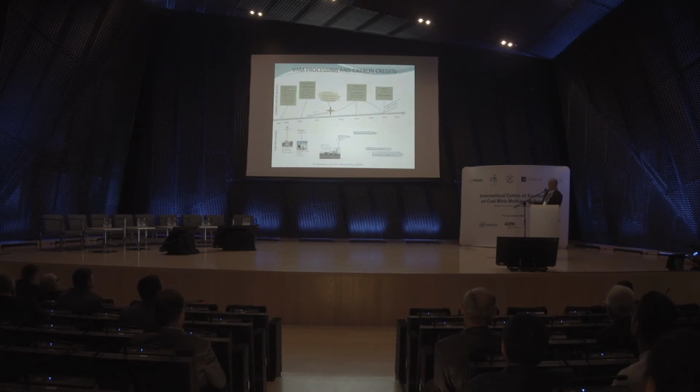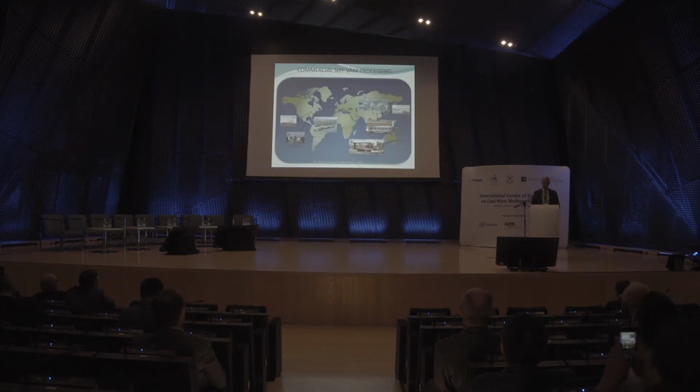Then you had a number of installations. I will not go into them, but you see by the size of the arrow how large the installation was. If you look at it geographically, these are the commercial-size VAM processing installations that have been installed and in operation.